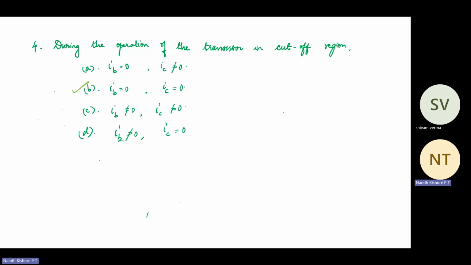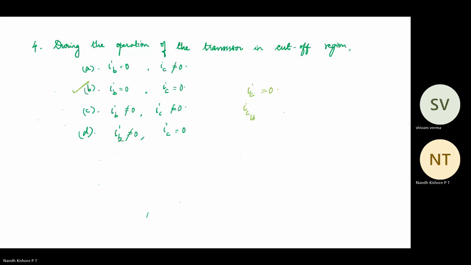And IC equal to 0. But there is a small trick over here: there can be a very small leakage current. If you see practically, IC may not be exactly 0. Rather, there would be a very small leakage IC, we call it the leakage current. This can be a few microamps or nanoamperes. Very low current.